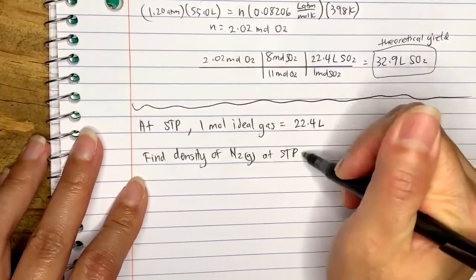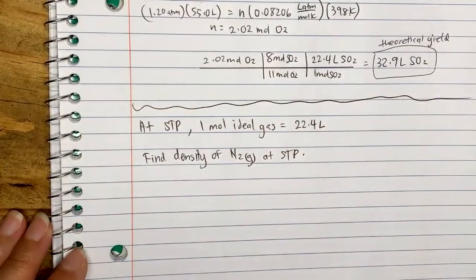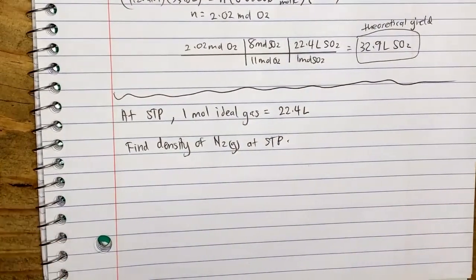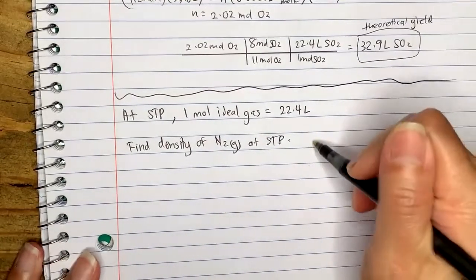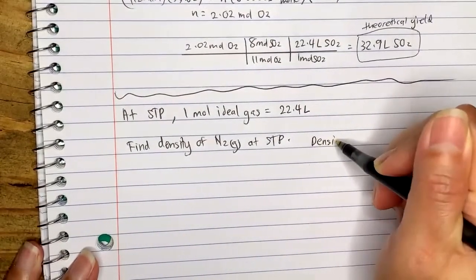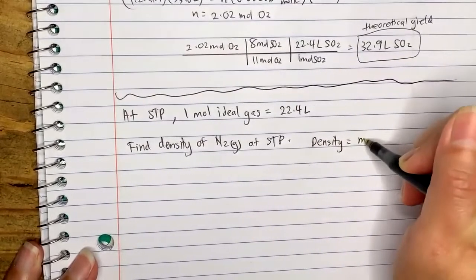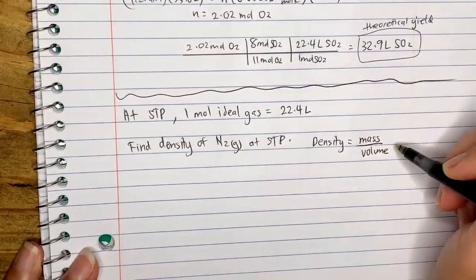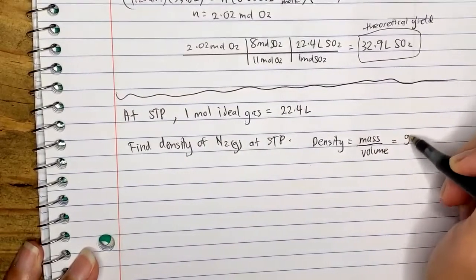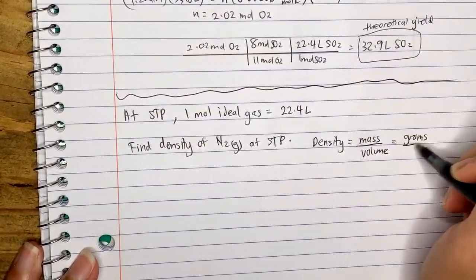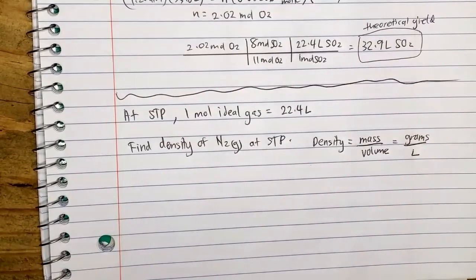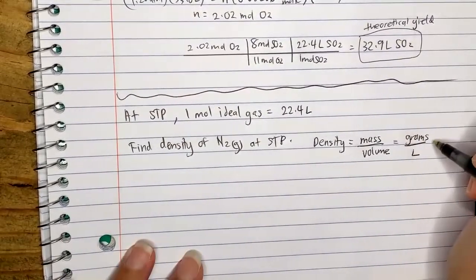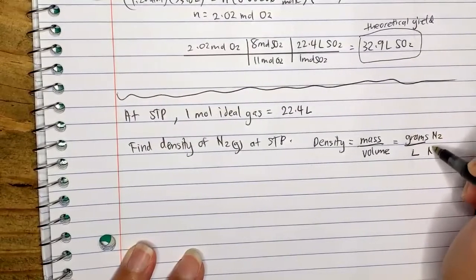You're like, really? How? Okay, so let's think about what the meaning of density is first. Density is mass over volume. So we have to somehow get grams of the gas over a liter of the gas. Grams of N2 over liter of N2.